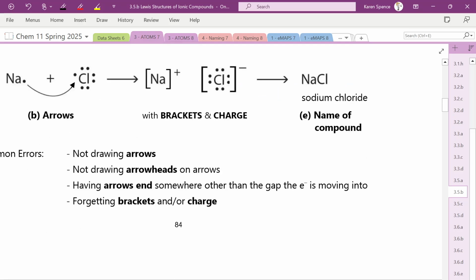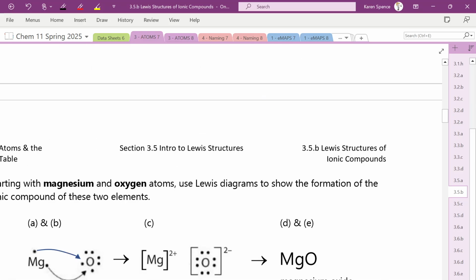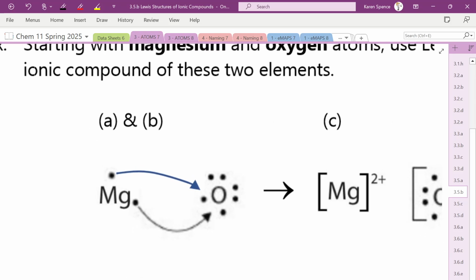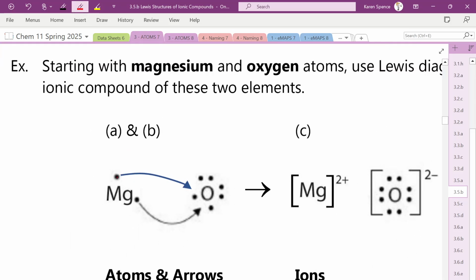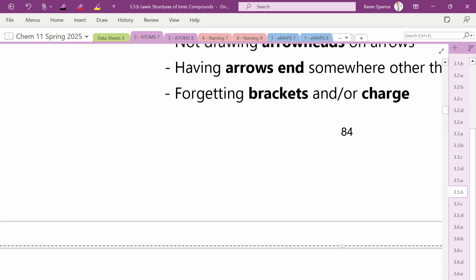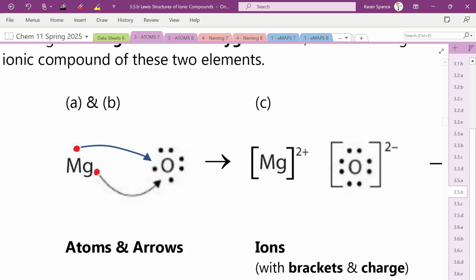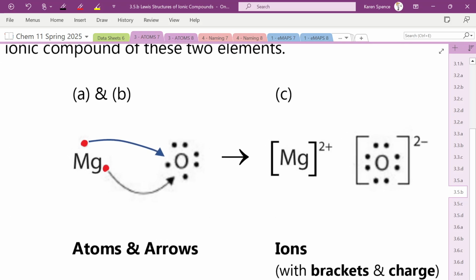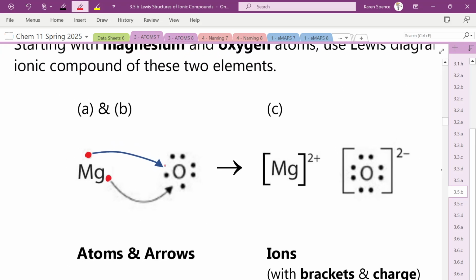All right. Now, what if we had magnesium? Ooh, magnesium has 2 electrons. This is on our next page now. This is page 85. Isn't it convenient that oxygen has 2 gaps?